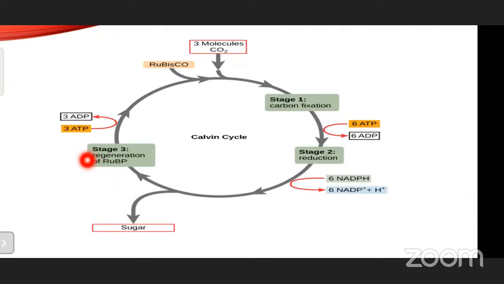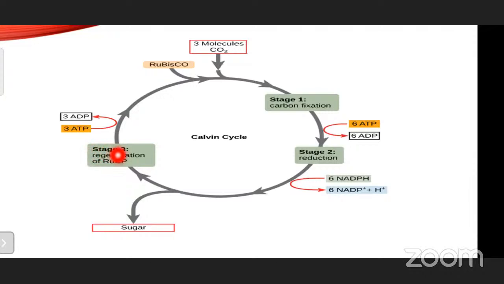Here also, directly it is not going to become RuBP; it has to lose 2 phosphates. When it loses 2 phosphates, only 3 phosphates will be there, with 15 carbons, and that compound is now called ribulose 5 phosphate, or monophosphate.